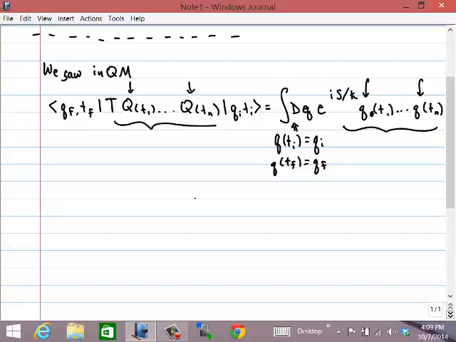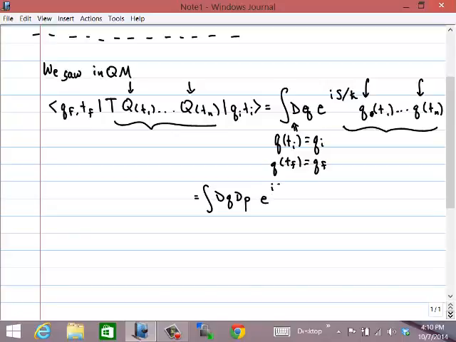And we also learned that there was an analogous integral where we integrate not over all paths through configuration space, that is all functions q of t, but over all possible paths through phase space, that is all possible positions and momenta of the particle.